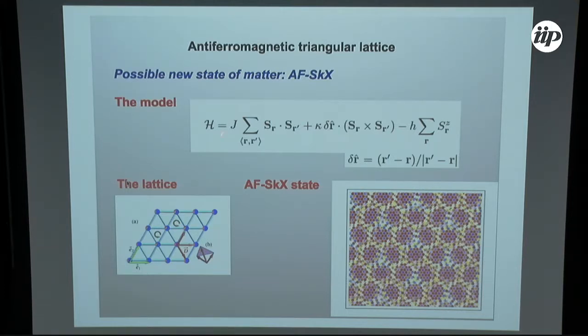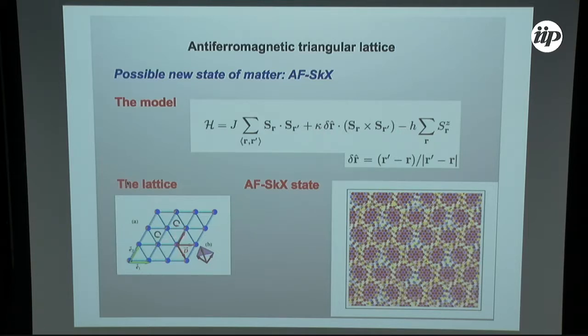Essentially, we studied antiferromagnetic nearest neighbor coupling. This is the Dzyaloshinskii-Moriya interaction between first neighbors, with delta R the direction of the Dzyaloshinskii-Moriya vector that points along the bonds of the lattice, like in the square lattice. Delta R is fixed.